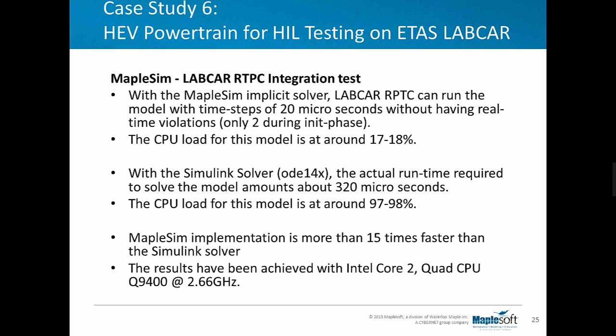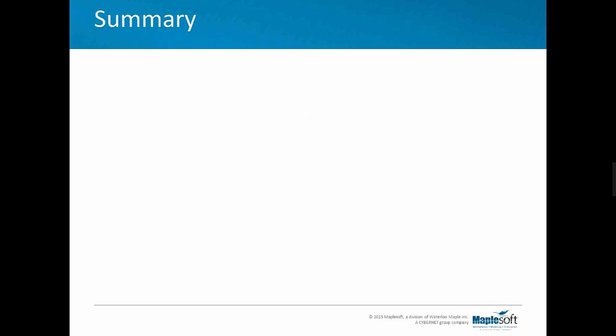And that's an indication of how the symbolic optimization that we put into generating the code from MapleSim can benefit this type of application, whether it's real-time or just a simulation optimization.